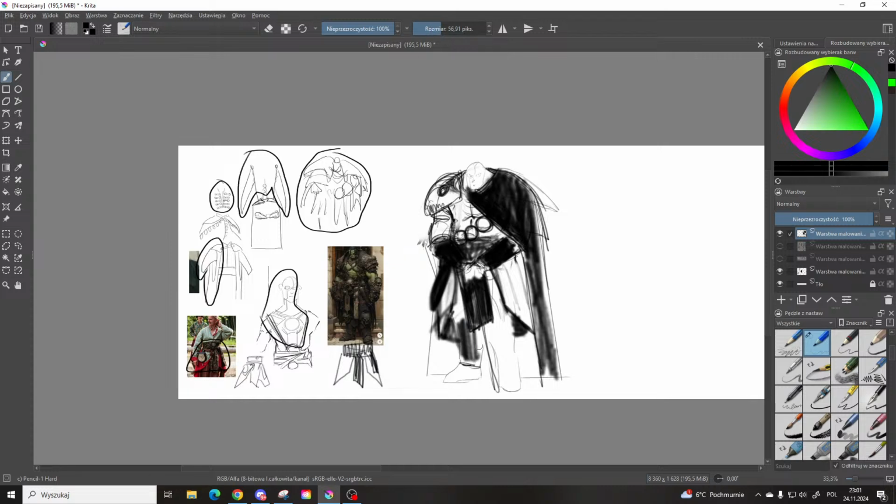Yeah, let's go. So if I would give him here, I don't want to do this. No. He's gonna have the Cossack pants. That's decided. Definitely. I don't want to show his naked He-Man legs.